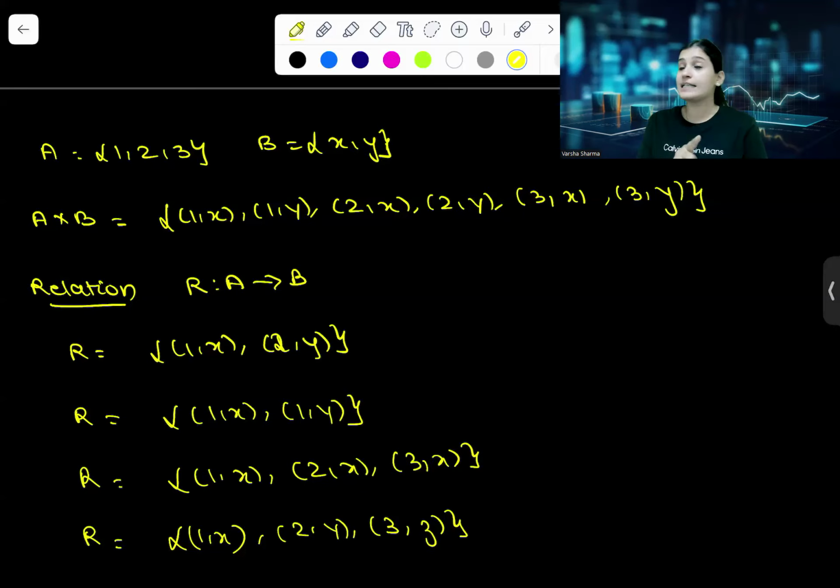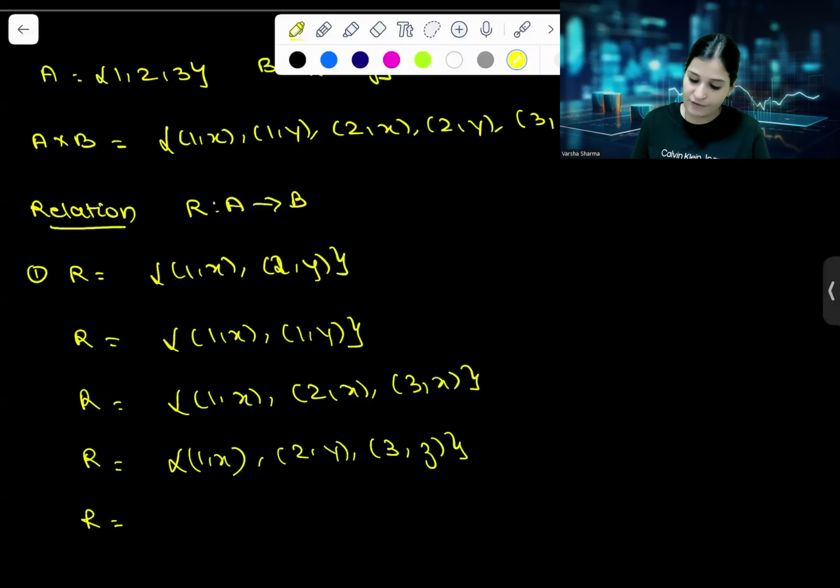In my first set, for this example, I have 1, 2, and 3. Every single element has to be paired up with someone or the other. I can't leave them unpaired. That's not allowed in function. So my first criterion for function is each and every element of the first set has to be used, has to be paired.